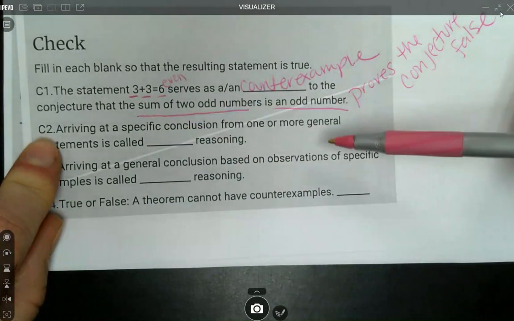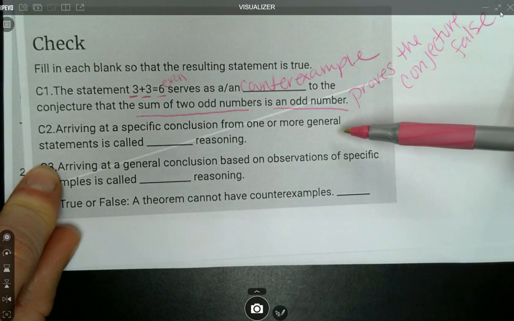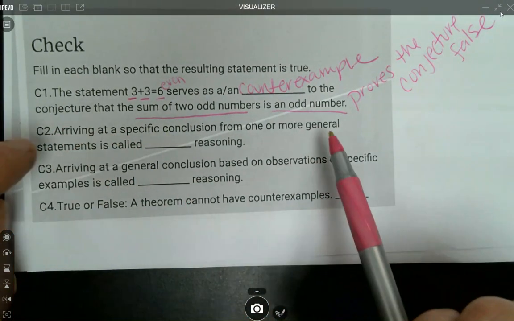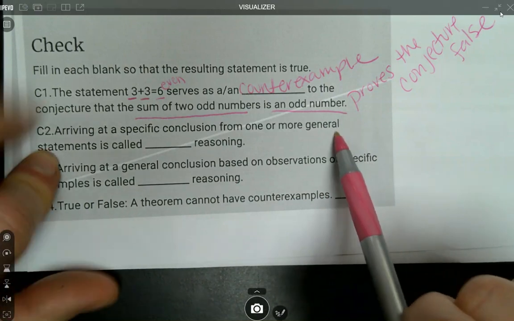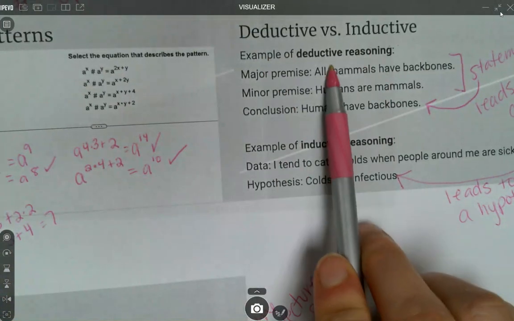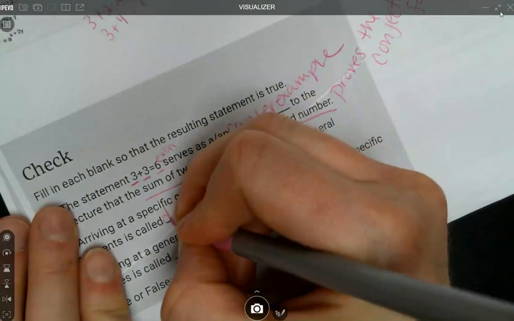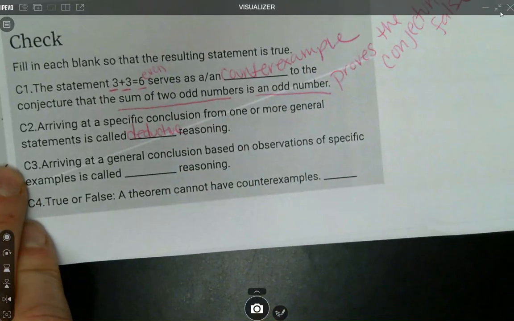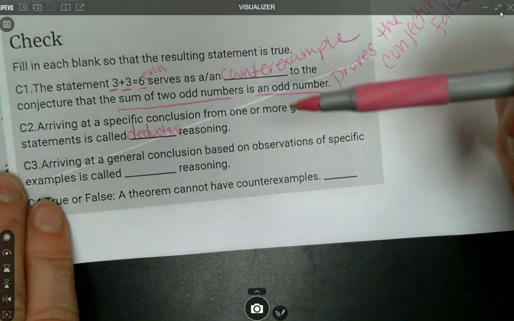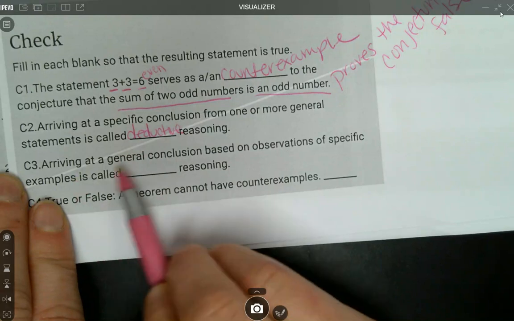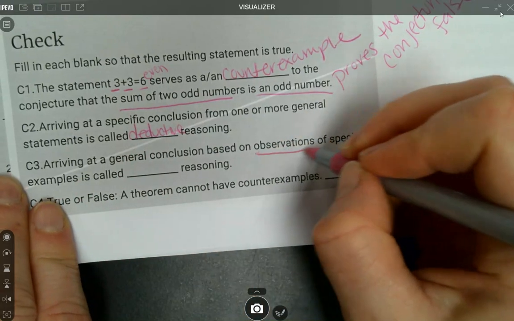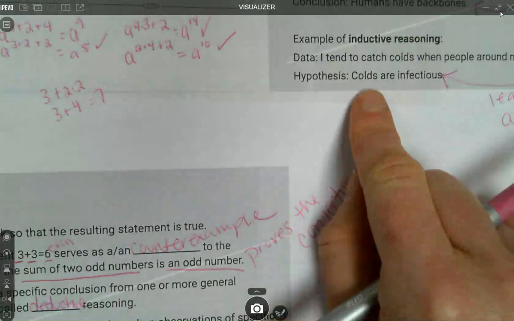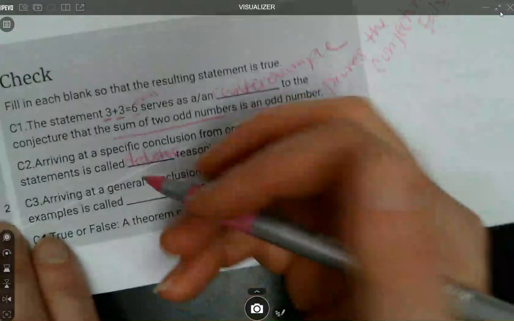Arriving at a specific conclusion from one or more general statements is called deductive reasoning. Arriving at a general conclusion, so this is a specific conclusion, this one is a general conclusion, based on observations of specific examples, based on observation, is inductive.